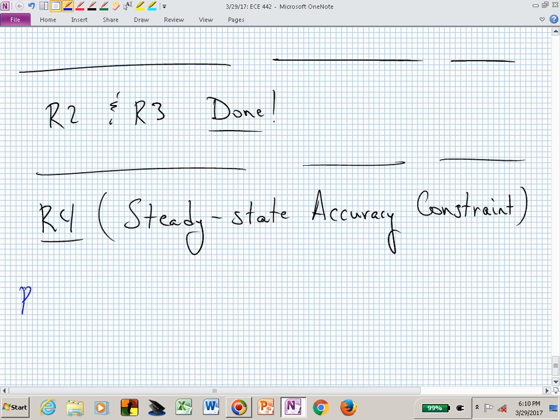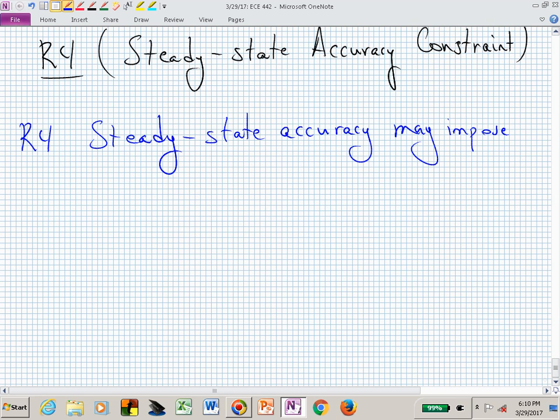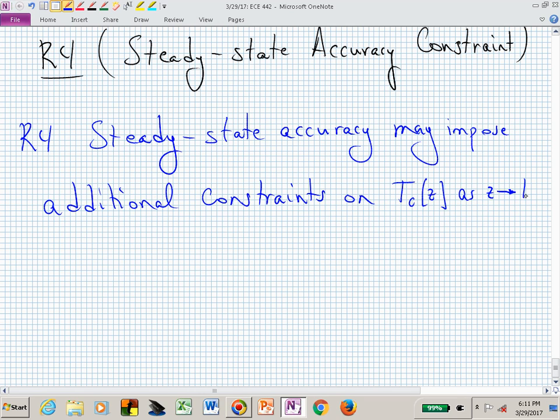So here, R4 is saying that steady state accuracy may impose additional constraints on our desired closed loop transfer function, T sub C of Z, as Z goes to 1.